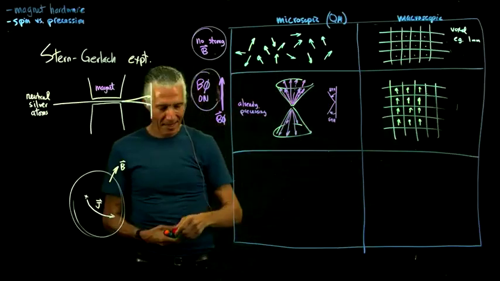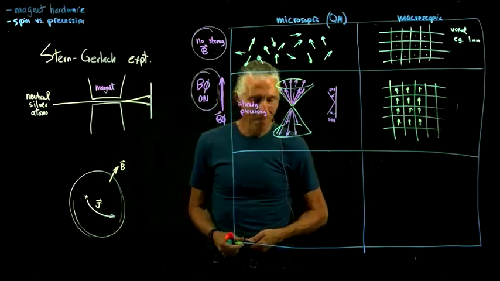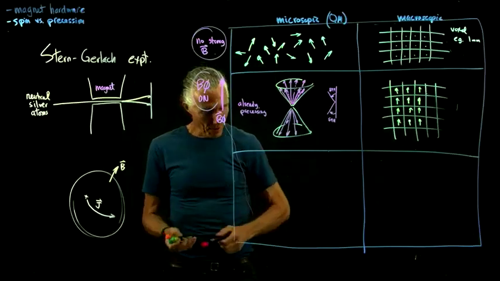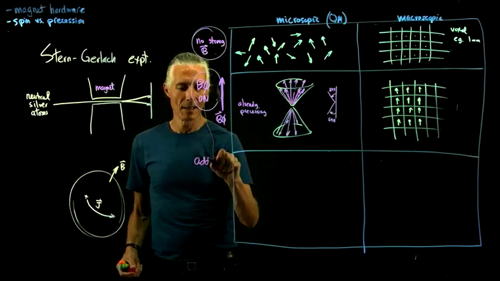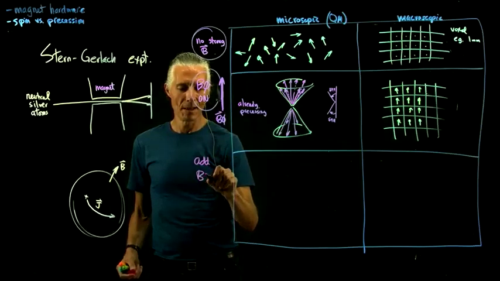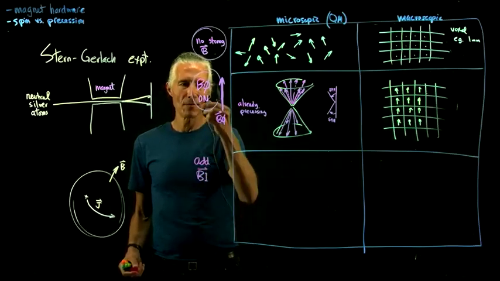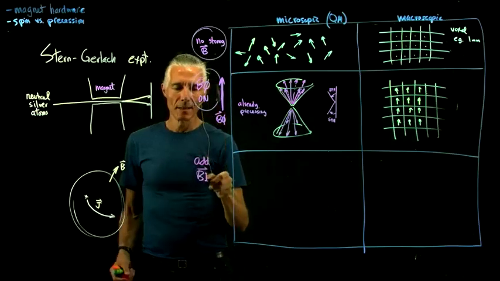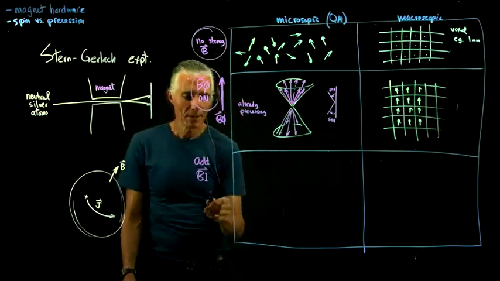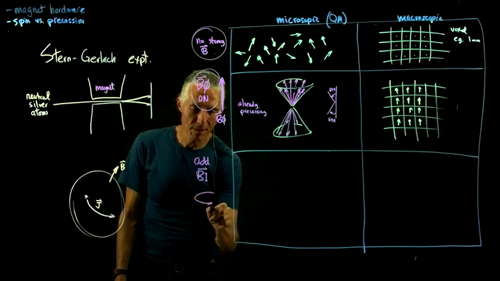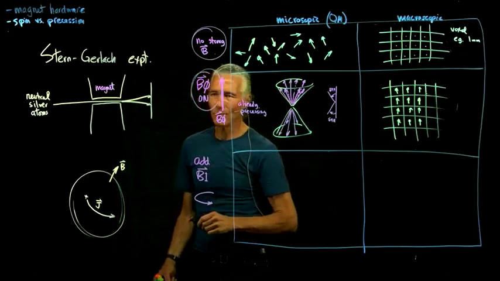Okay, then last but not least, we have to turn on the B1 also. So the B0 field was static, but the B1 field is rapidly rotating around. So add this B1 field that's rapidly rotating around in the XY plane.